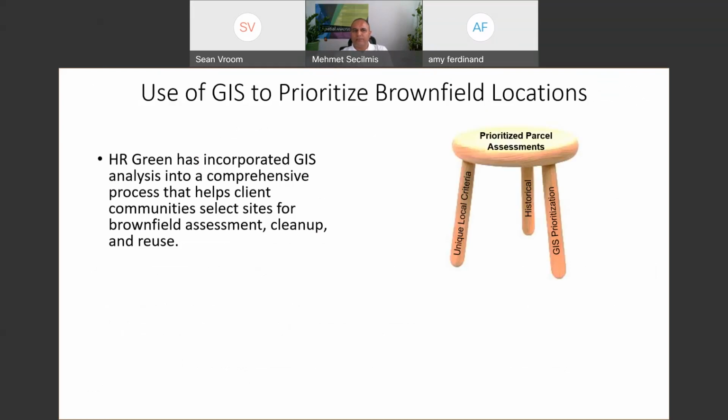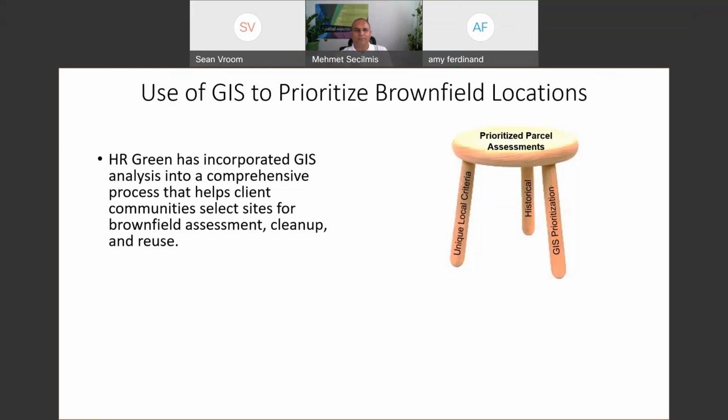So with this one, unique local criteria is unique to that local government. They might already have a list of properties for brownfields. So they looked at each town, each municipality separately, and determined a criteria for that municipality.